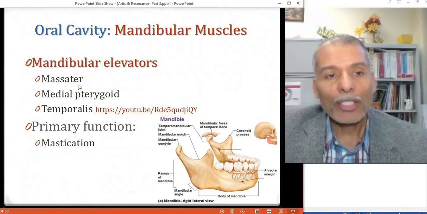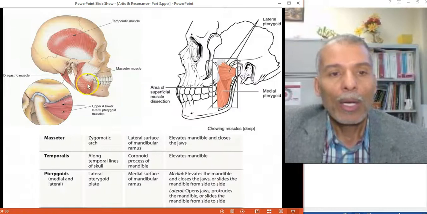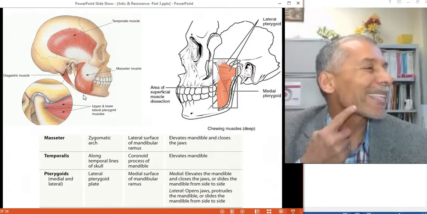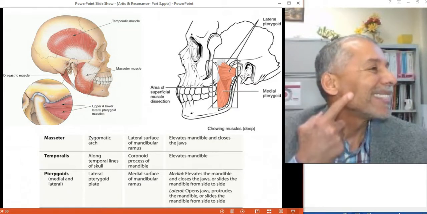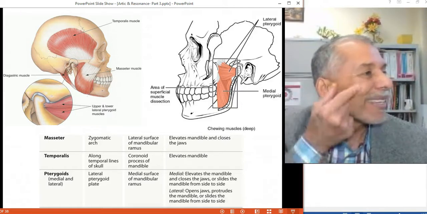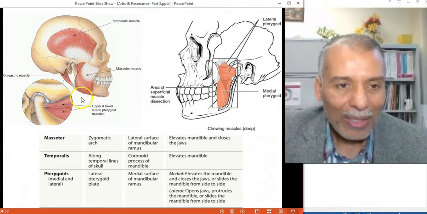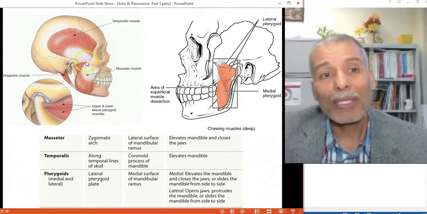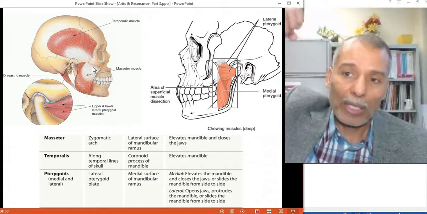So the masseter is this muscle. You can feel it, you can see it when people go like this. You can see it in the mirror, you can feel it here. And it originates above. It makes sense because if the origin is above, now it's going to pull up.